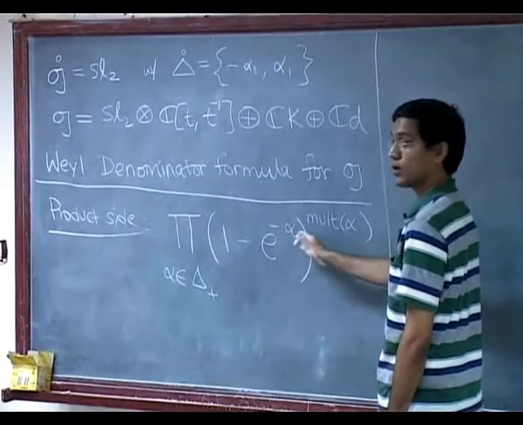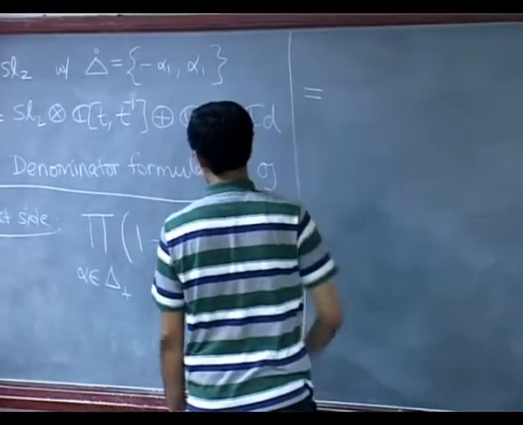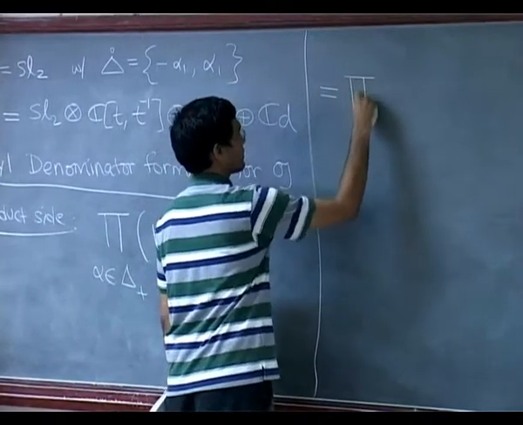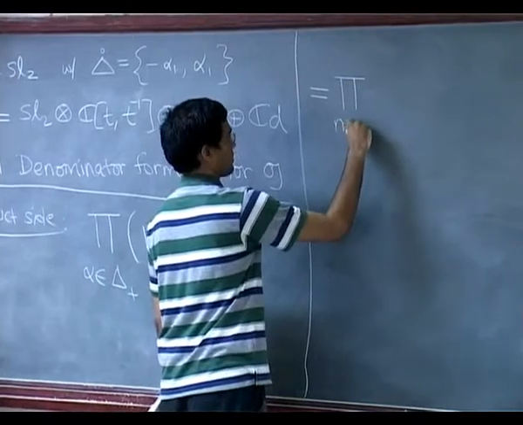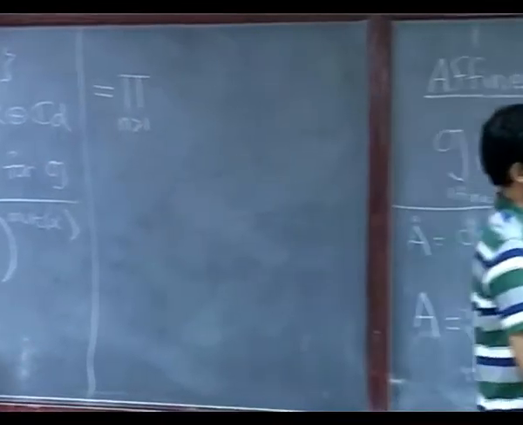Okay, and now we know what all the roots are. So let's write this out. This will now become a product, n greater than or equal to 1. Okay, so I just wrote the roots out.